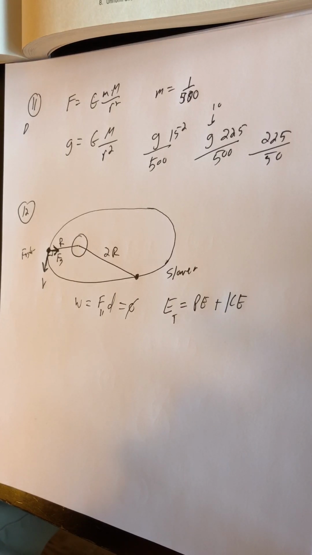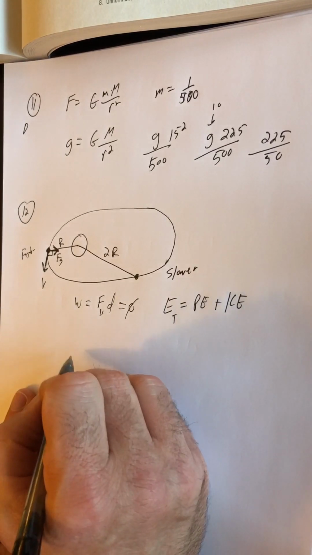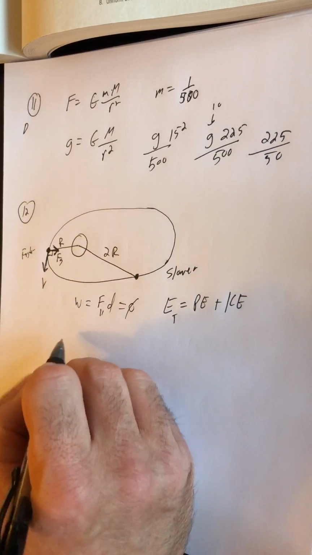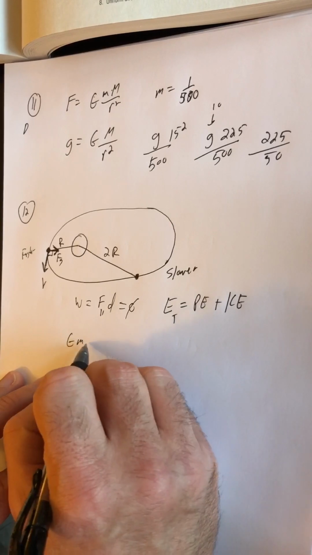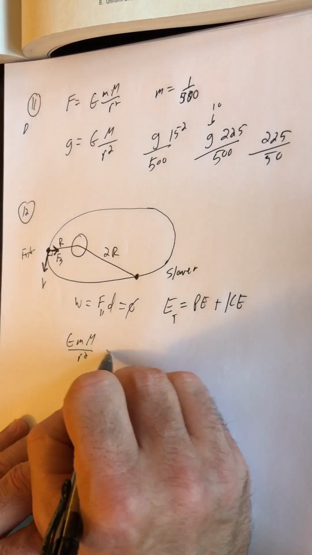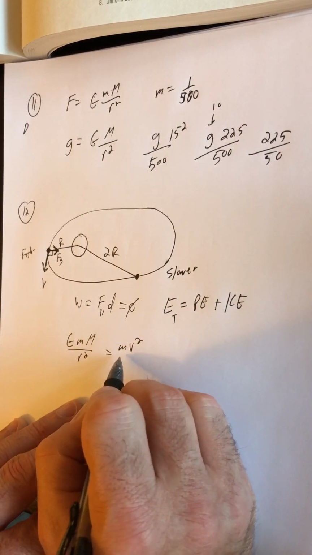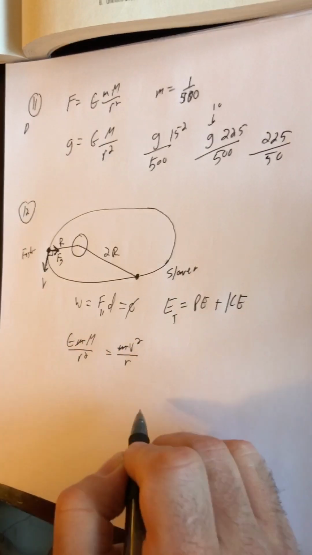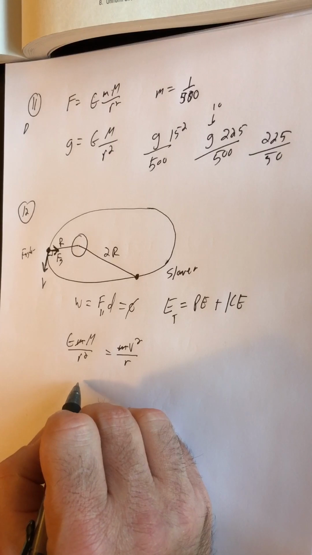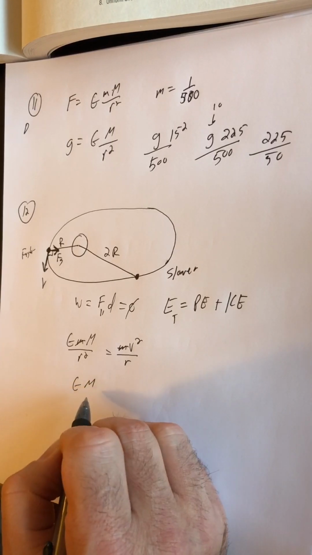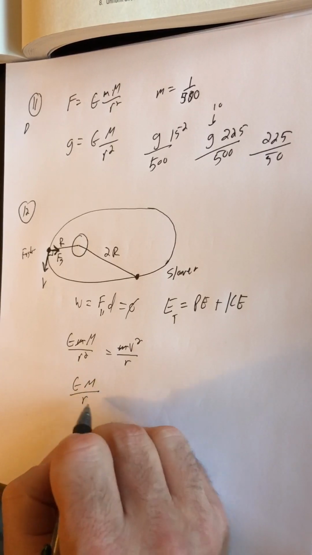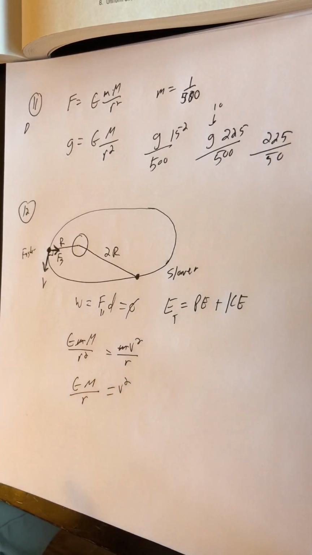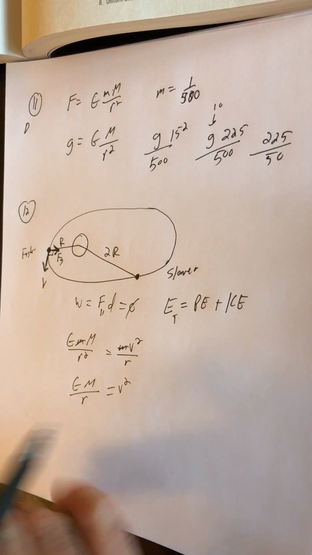Without actually doing Kepler's law, I guess we should already know that G m over r squared, I'm going to set that equal to m v squared over r. So one of the m's goes away, and one of the r's goes away. So G m over r is equal to v squared, if you're still with me here.